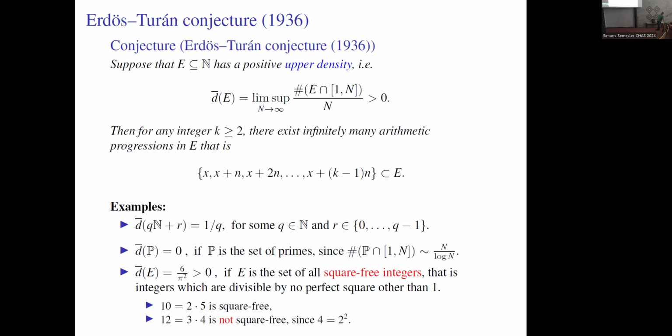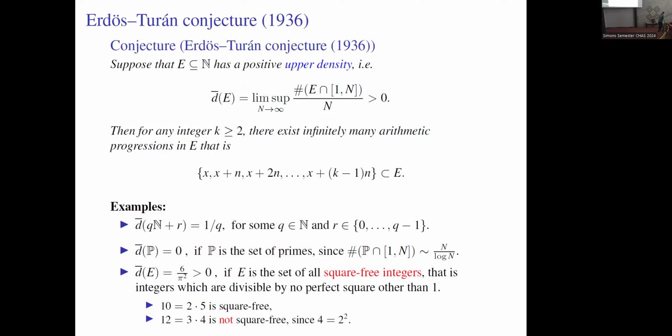The story starts in 1936 when Erdős and Turán formulated this conjecture. Suppose that we have a subset of integers with positive upper density, which means that the limsup of this quantity here is positive.